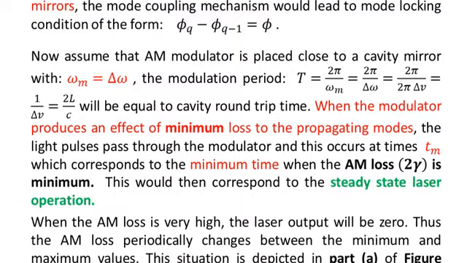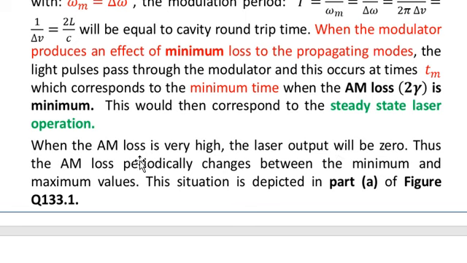The loss curve will be explained next. When the amplitude modulator loss is very high, the laser output will be zero. Thus, the amplitude modulator loss periodically changes between the minimum and the maximum values. This situation is depicted in part A of figure 1.